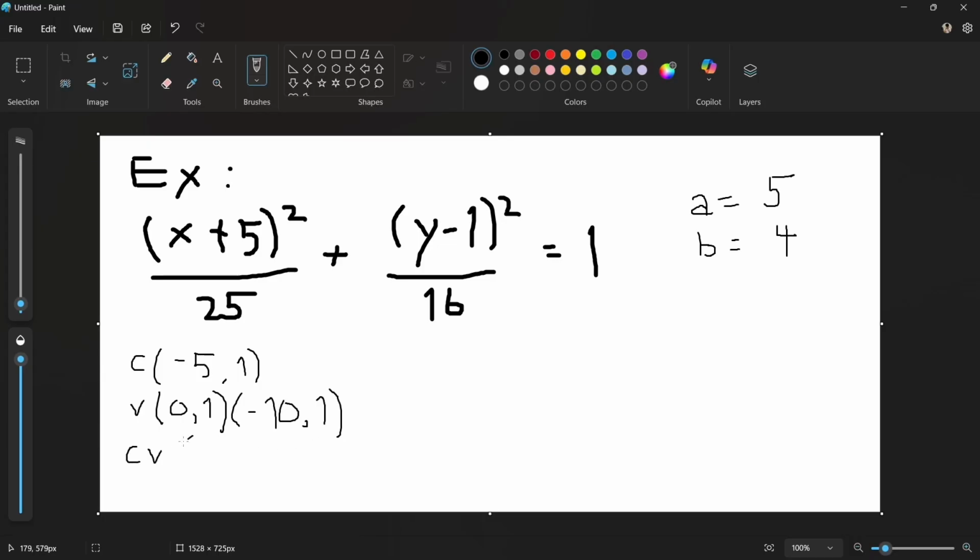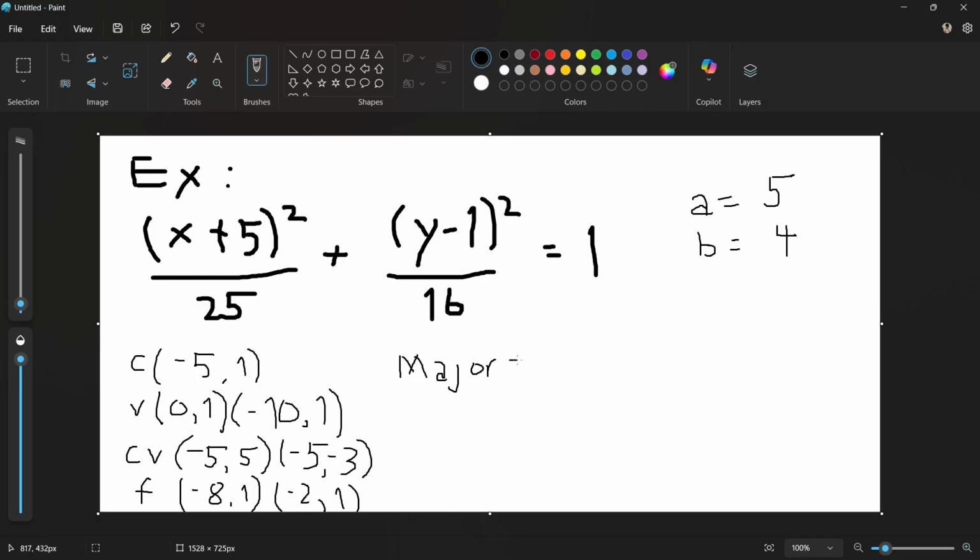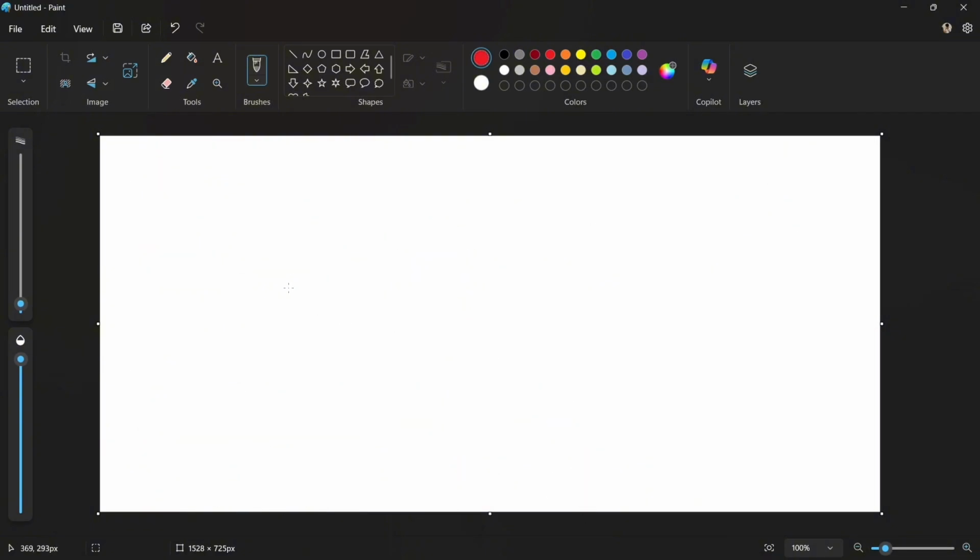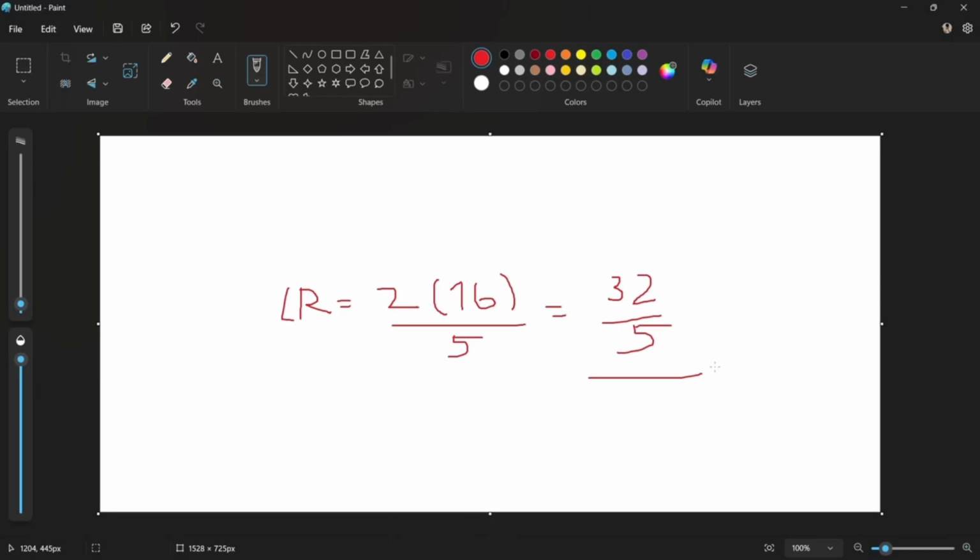Co-vertices would be negative 5 comma 5 and negative 5 comma negative 3. Foci would be negative 8 comma 1 and negative 2 comma 1. Major will be 10, minor will be 8. LR will be 2 times 16 over 5, which is 32 over 5. So that's the final answer.